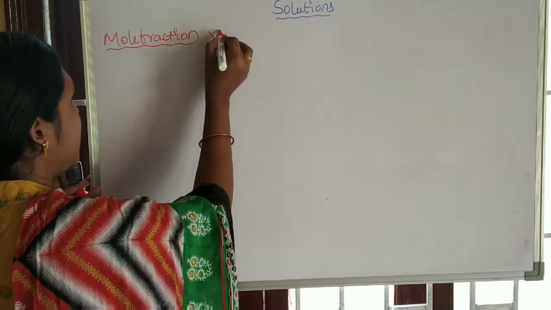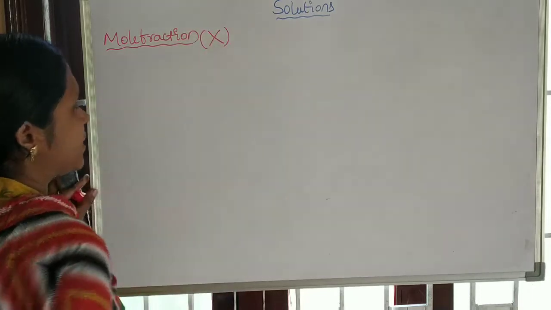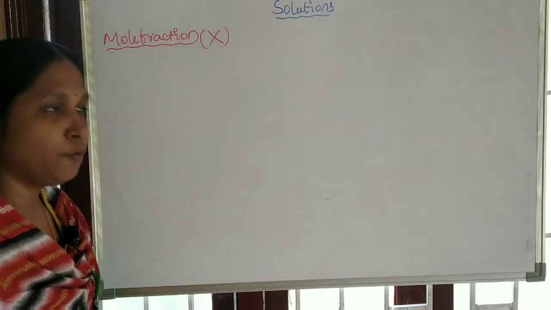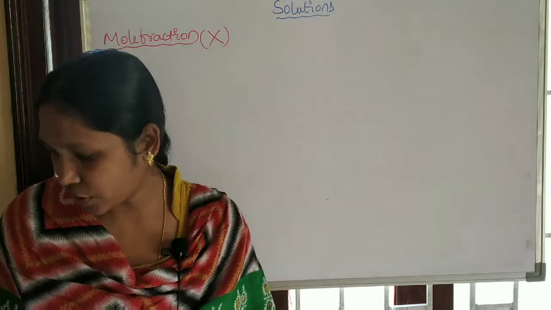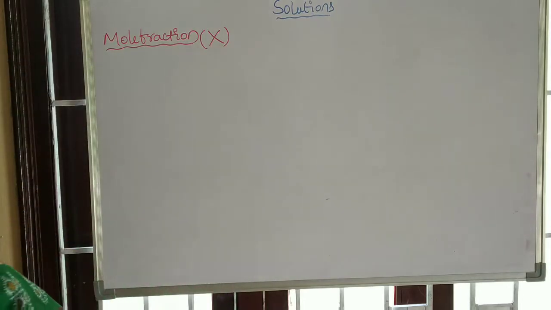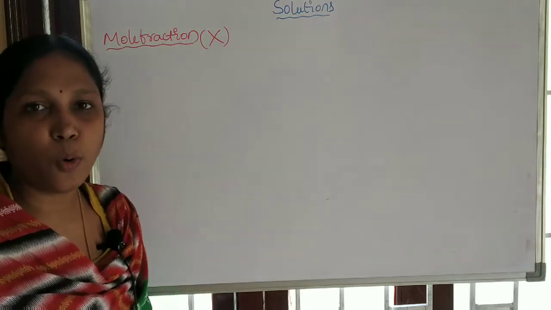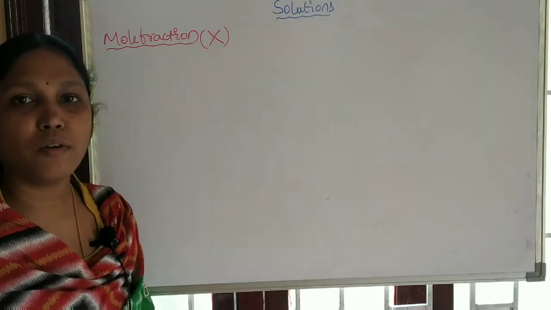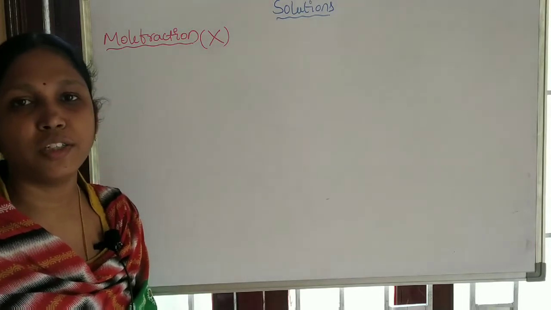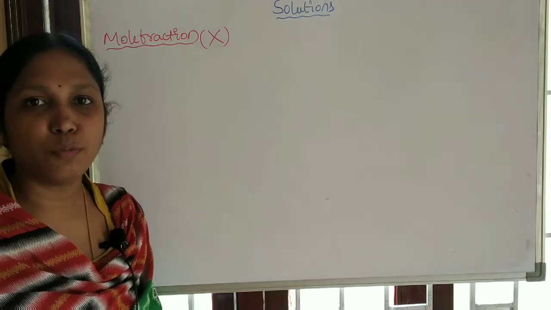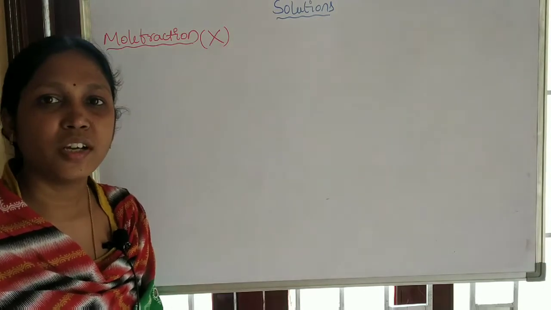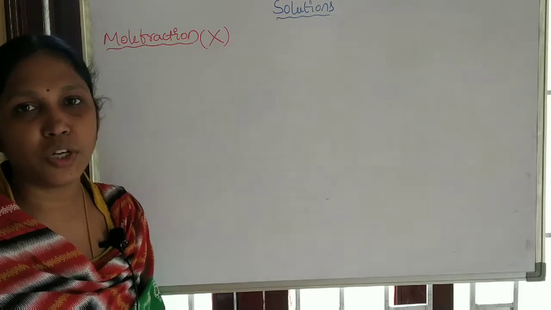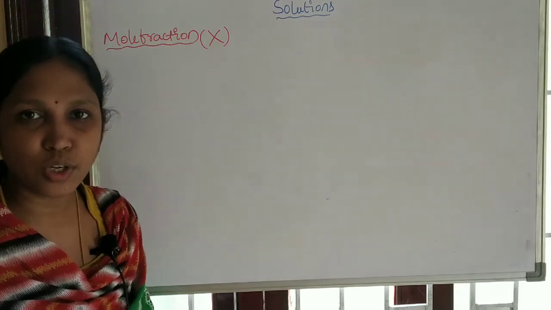Mole fraction is indicated with the letter X. What is a mole fraction? Mole fraction means it is the ratio of the number of moles of one component to the number of moles of all components present in the solution.